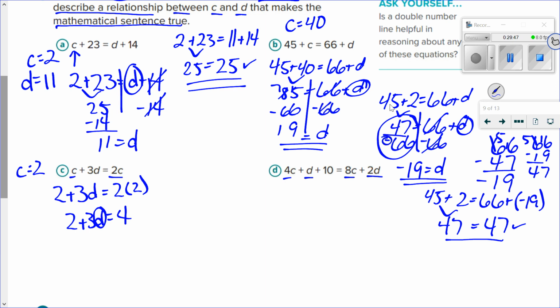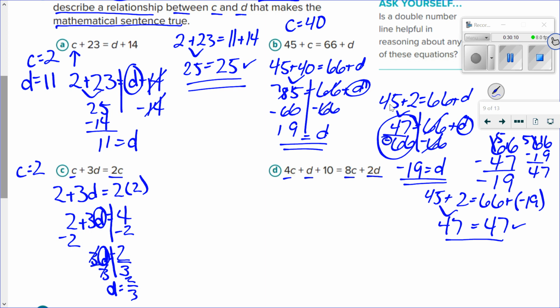I am adding and multiplying on the side with my variable, aren't I? So I have to get rid of the addition first. So I would subtract 2 from both sides, which would leave me 3D equals 2. I circle it again. Now I'm going to divide, because 3 divided by 3 is 1. 1 times any number is that number.